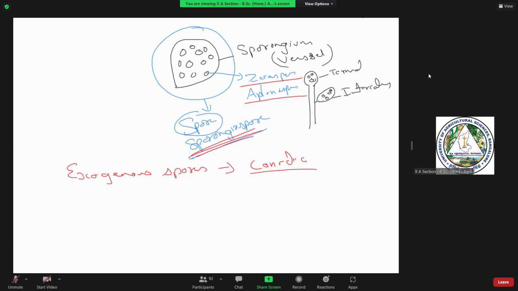In some fungi, conidia are formed by the transformation of the existing cells. Sometimes what happens is, for example, if you have a particular cell, it can behave like a conidia.